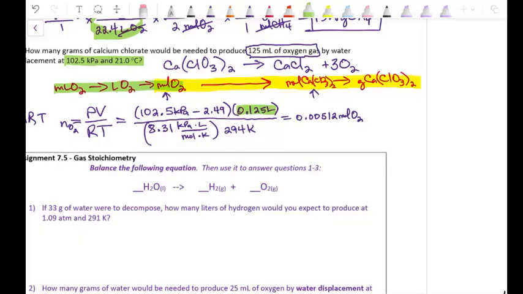Also make sure you've converted your temperature to kelvins, and also make sure that you go to your table, because we're collected by water displacement, to get the number to subtract on top. So that's my number of moles of oxygen. And so the last two steps are simply to go from moles of oxygen to moles of calcium chlorate, and then grams. And that is stuff that we've done many, many times. So go ahead and, again, pause and give that a shot, and then come back and check your answer.